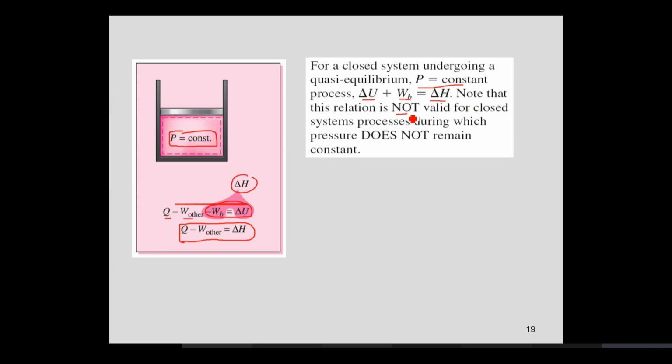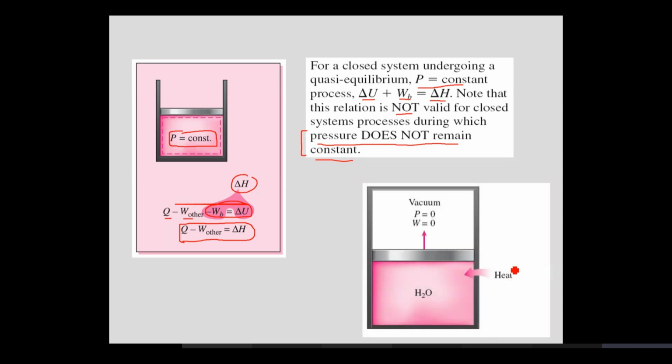However, this relation is not valid for processes in which the pressure does not remain constant. So this expression is only valid for constant pressure processes. This is one thing. Secondly, whenever you have expansion in vacuum, when you have vacuum pressure, your boundary work is essentially zero.